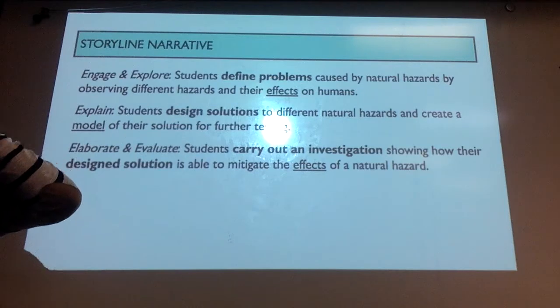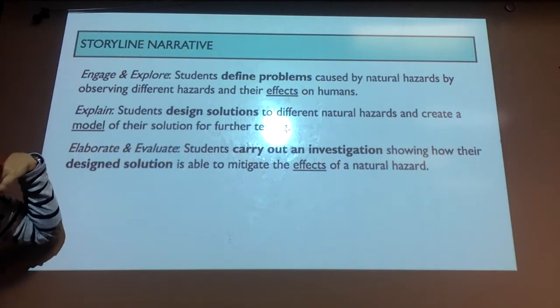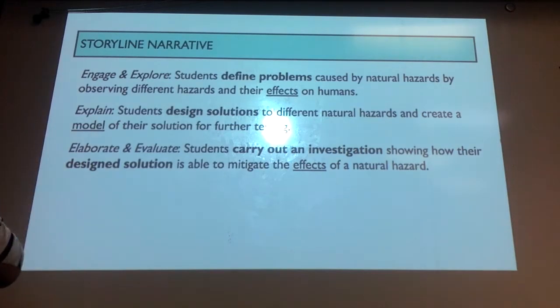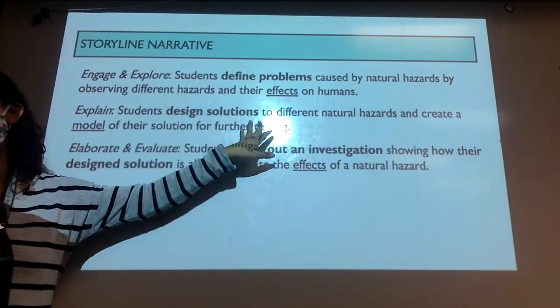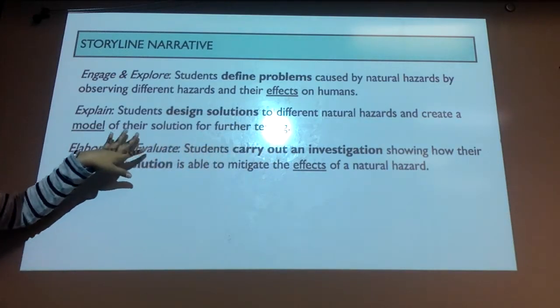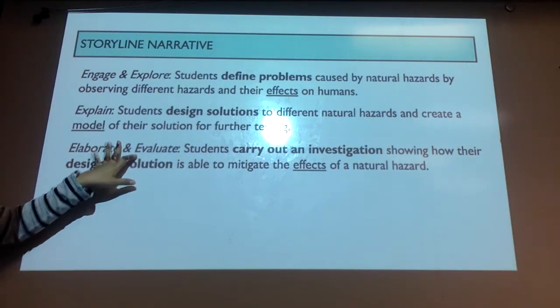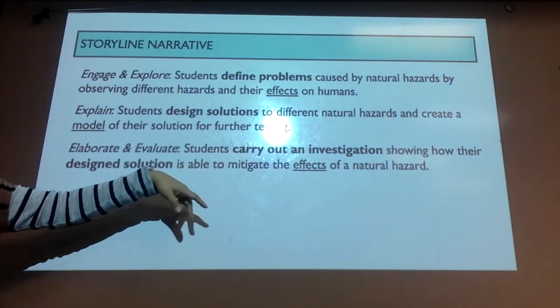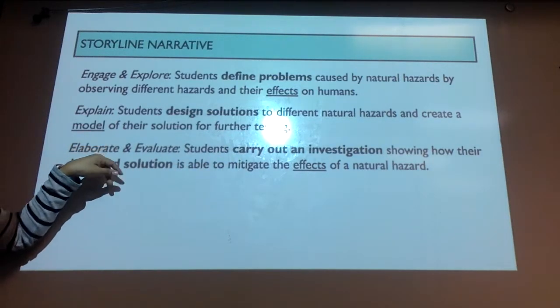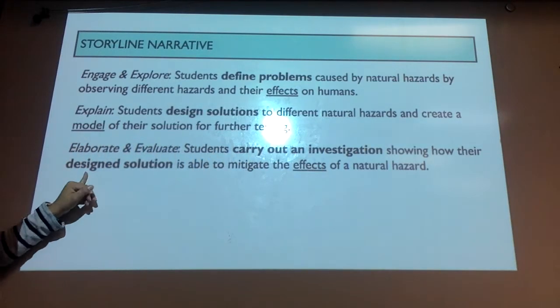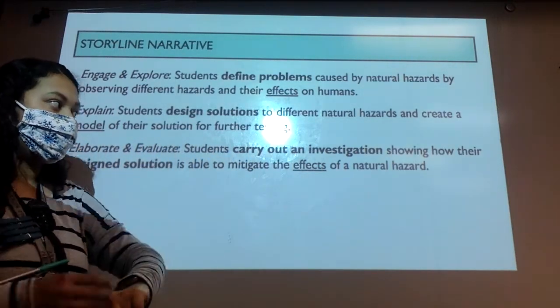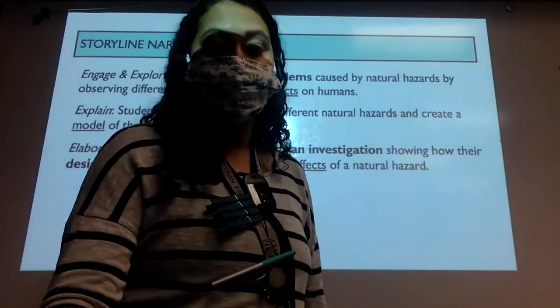So you're going to think about how these things affect us. And then you're going to design solutions to the different natural hazards and create a model of their solution for further testing. Then elaborate and evaluate. Students can carry out an investigation showing how their design solution is able to mitigate the effects of natural hazard.